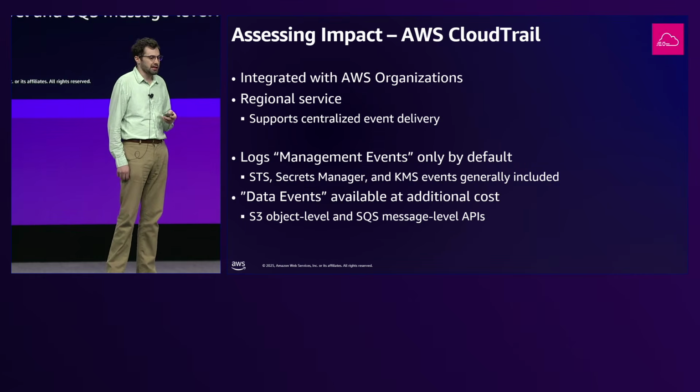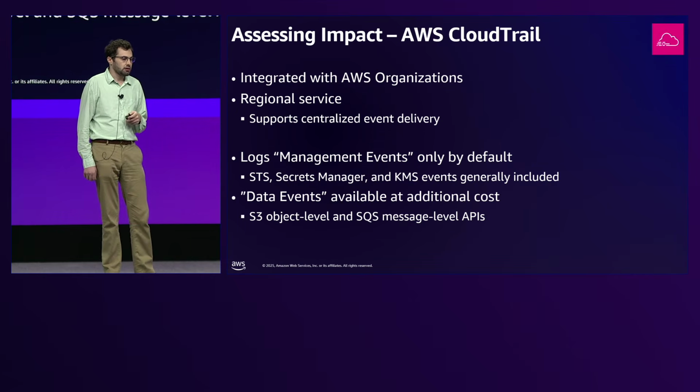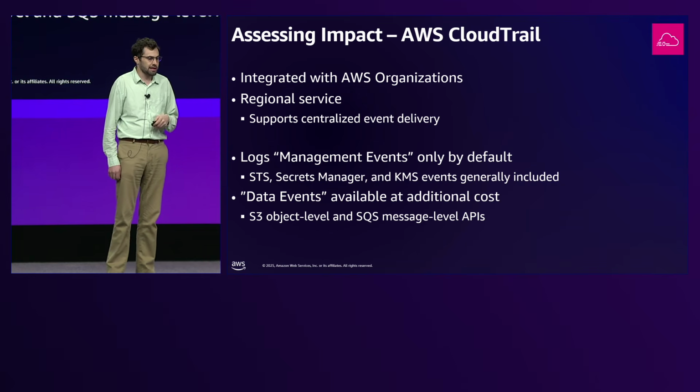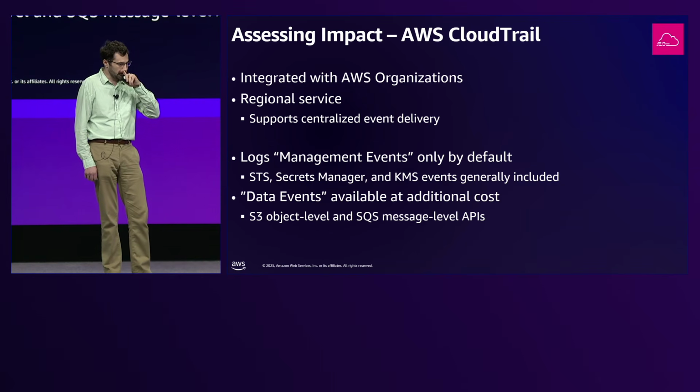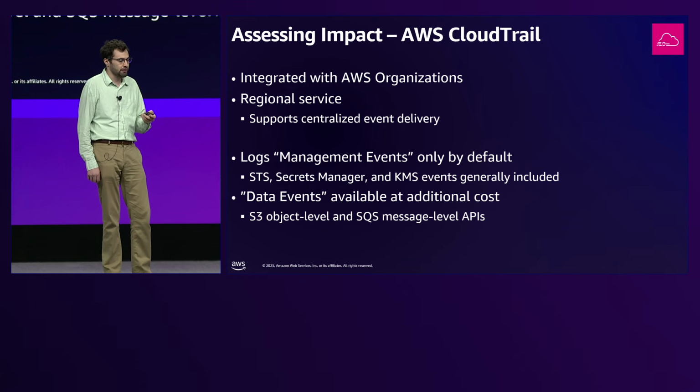Another tool you can use to assess impact is AWS CloudTrail. CloudTrail, also integrated with AWS Organizations and also a regional service, supports centralized event delivery for all activity going on in your AWS accounts. And CloudTrail is really your opportunity to say, how do I determine what's really going to break? So the nice thing is that CloudTrail by default and for free logs management events. And so for STS, Secrets Manager, and KMS, basically all management events, control plane events, are included in this by default.